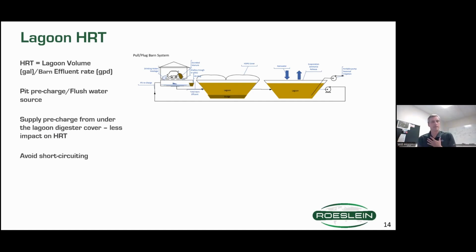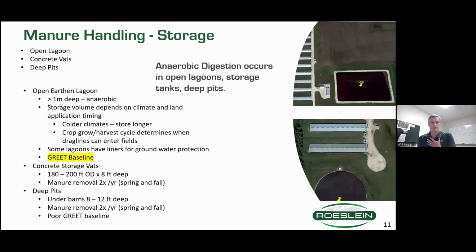The other thing I wanted to mention is that we would want to avoid short circuiting. If I go back to this lagoon picture for a second, if the sewer from the barns was coming in this corner, we would not want to place our liquid removal system here, because then the flow of liquid would just be across this corner.